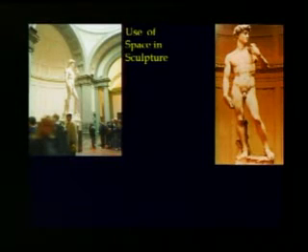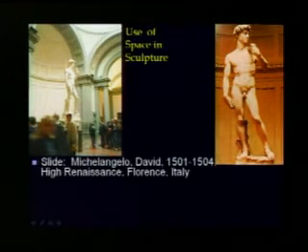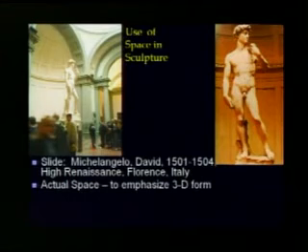Space is also a very important element in sculpture, and so I want to talk a little bit about how it's used in sculpture as well. Here we're looking once again at Michelangelo's David and the view of David that you have if you're in the museum. In sculpture, the sculptors have to think about actual space. When we were talking about painting, it was all an illusion.